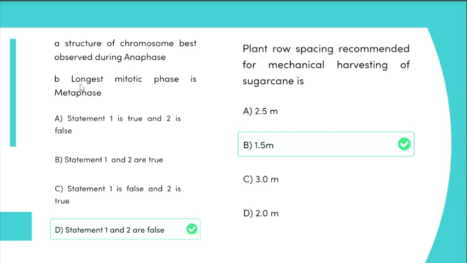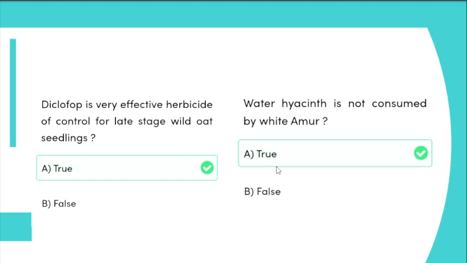Second statement is longest mitotic phase is metaphase. So here both the statements are false. The structure is best observed at metaphase and the longest mitotic phase is prophase. Next question, plant row spacing recommended for mechanical harvesting of sugarcane is, here option number B is correct, that is 1.5 meter.